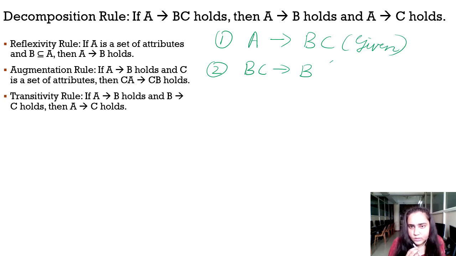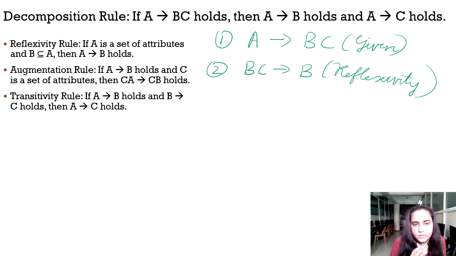So this is nothing but plain old reflexivity. And can you see that reflexivity says if A is a set of attributes and B is a subset of A, then A determines B holds. So right here B is a set of attributes, or B is just an attribute, and I've simply written that this is a trivial dependency because I'm writing BC determines B and B is a subset of BC.